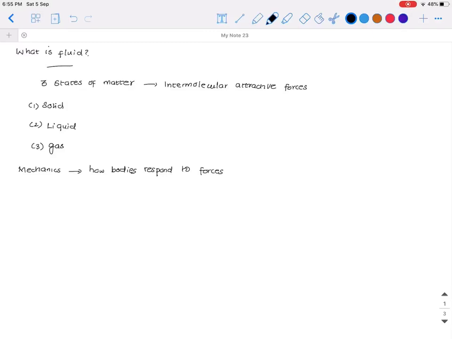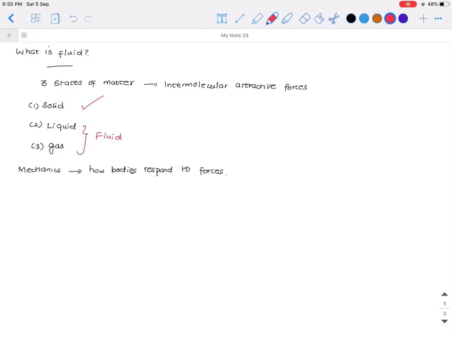When we apply forces, how will the body under consideration respond? That is always our focus in mechanics. So based on this, there are only two states of matter: one is solid and another is fluid, that combines both liquids and gases.